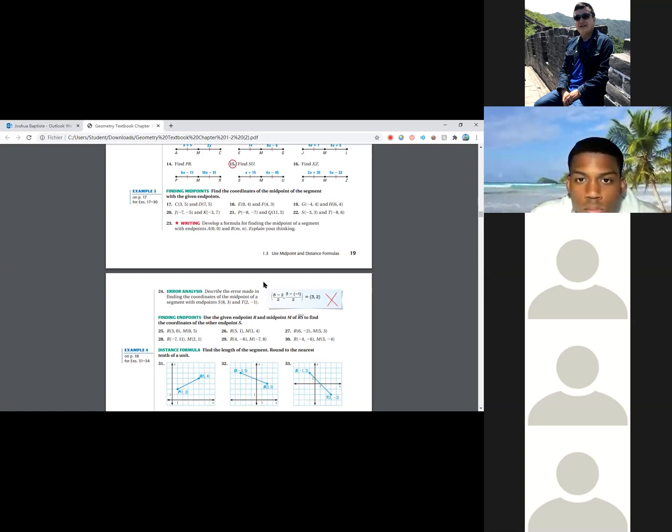I think it just wants you to create an expression that represents the midpoint between A and B. So here you would just add 0 plus m over 2, and that would be the x coordinate of the midpoint, and then the y coordinate would be 0 plus n over 2. So then the midpoint is m over 2, comma n over 2. Because if you just plug these points into the midpoint formula, that's what you would get. Do you understand? Yes. Okay.